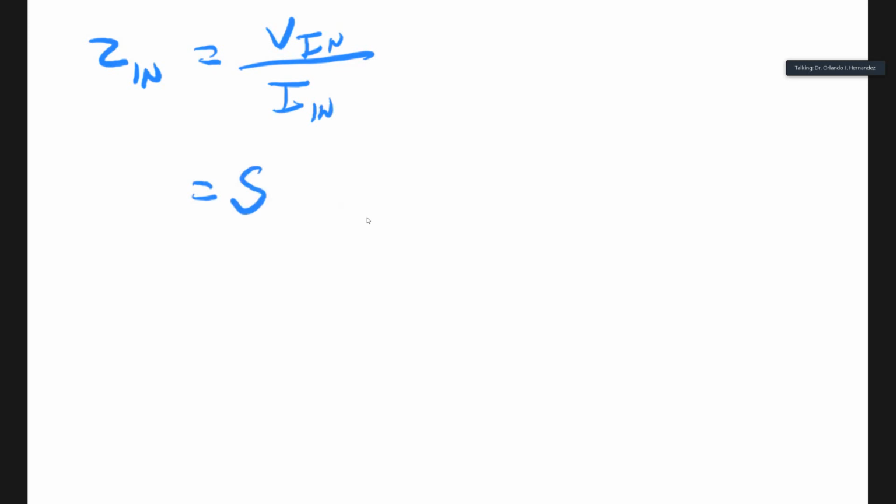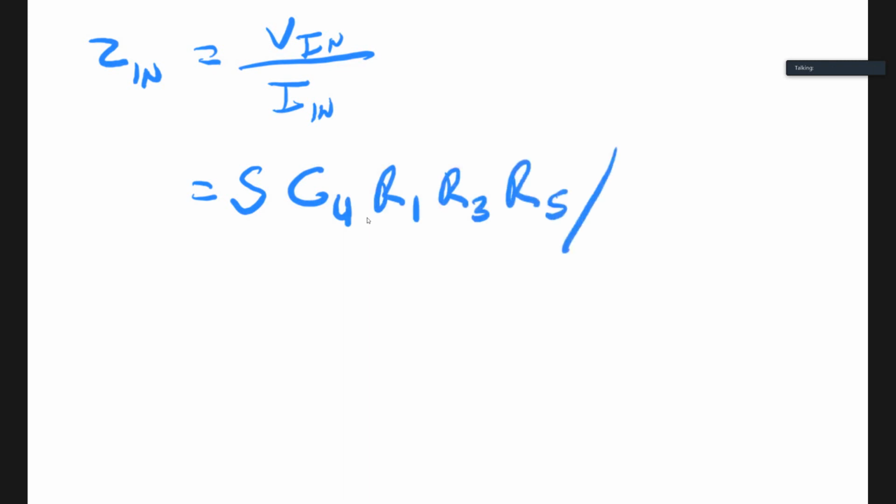So it's going to have an S, because remember that the Laplace impedance of an inductor is SL, and it's got a lot of components. It's got a capacitor and 4 resistors.